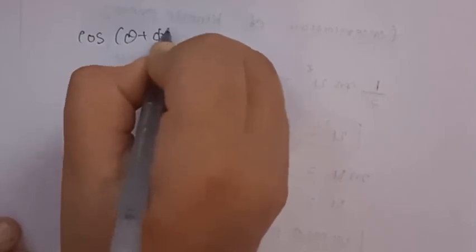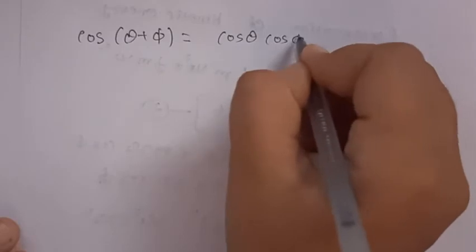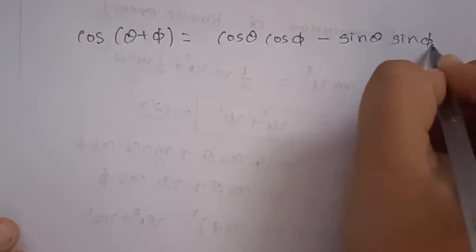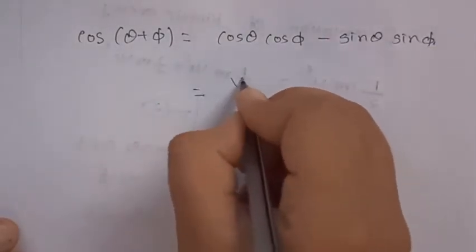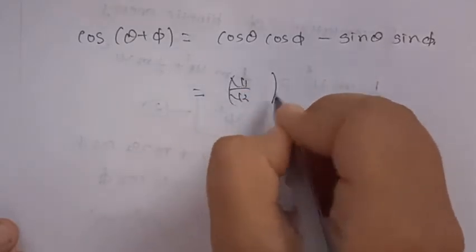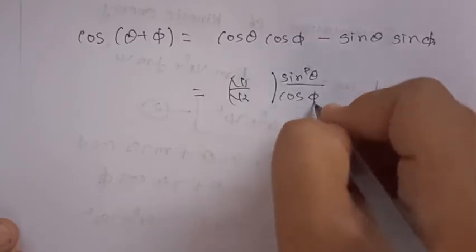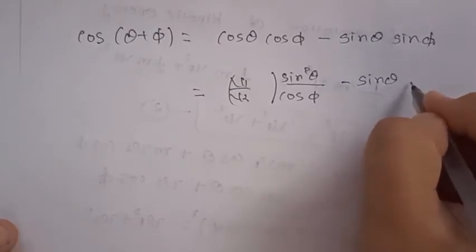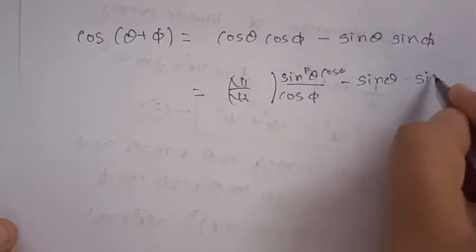Now cos of theta plus phi is defined as cos theta cos phi minus sin theta sin phi. But cos theta is written as v1 by v2 into sin square theta divided by cos phi, minus sin theta into sin phi.